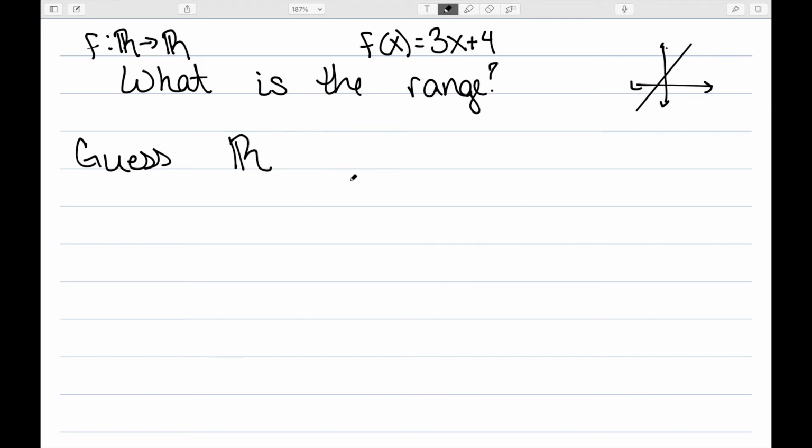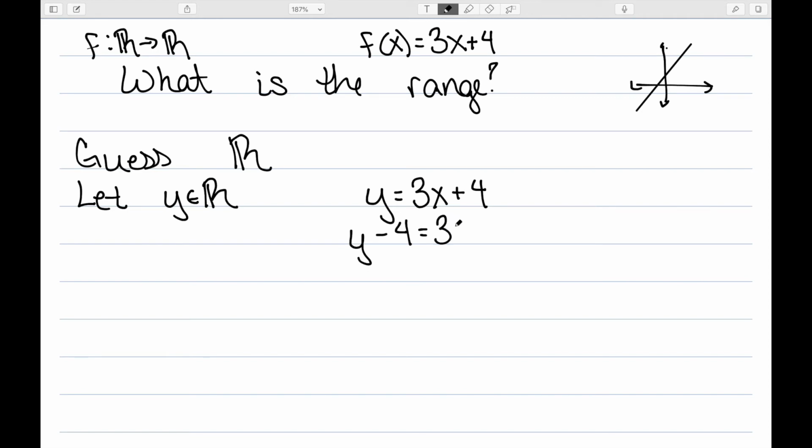But we want to prove this. So I'm going to let y be some real number. I want to show that y is equal to 3x plus 4 for some x. We can subtract 4 from each side and divide by 3.